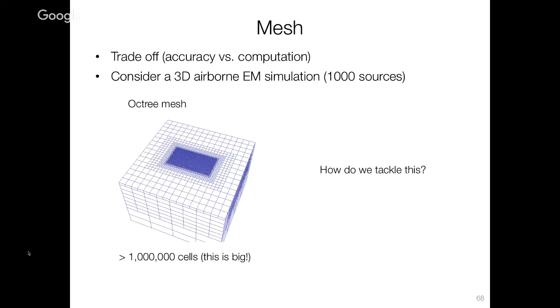In our case here for the airborne EM, which we've seen so much, you need to divorce the forward modeling mesh and the inversion mesh. So for the forward modeling, you could maybe use an octree mesh that's got a smaller number of cells. So suppose that here is your inversion mesh. Maybe it's got a million cells in it, whatever.